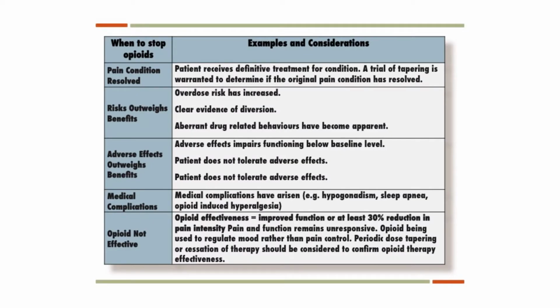What do you do when you need to decrease the dose or stop completely? When the condition's resolved, when the risks are outweighing the benefits, when the adverse effects are outweighing the benefits, or when it's simply not effective. In other words, you've set your goals, you tried your trial, and you're not meeting any of the goals.